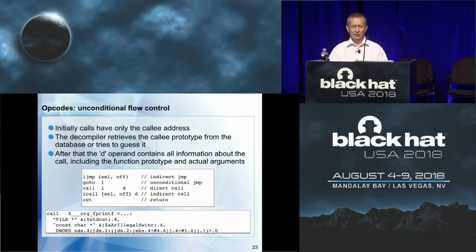If not, the decompiler will try to guess this information, the calling convention and the call arguments, and all this information will be stored in the D operand, and at the bottom of the slide you will see how we represent the call instructions.